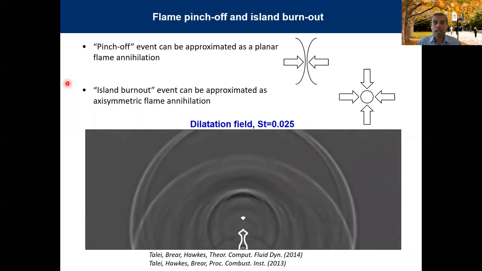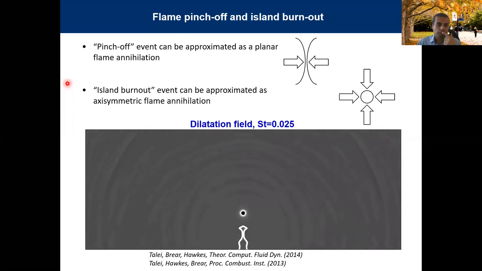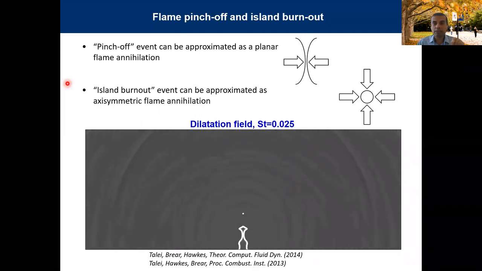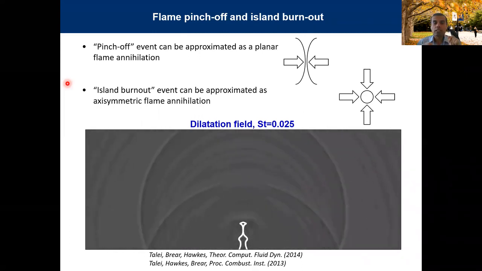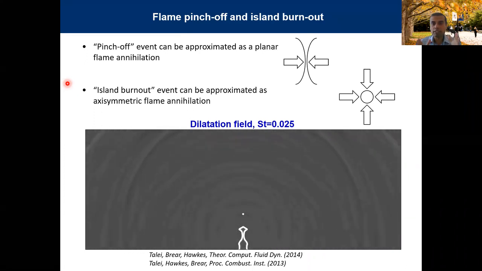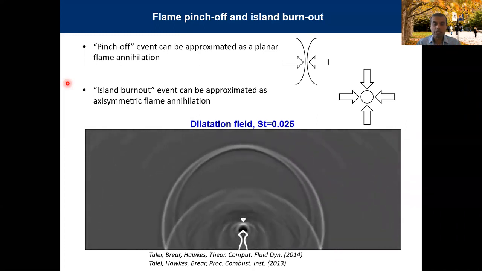So it is related to wave propagation. The dilatation has an added value for us because we can also see the flame surface on the same plots. The flame is a region which features very high gradients. Therefore, you expect to get very high values of dilatation.